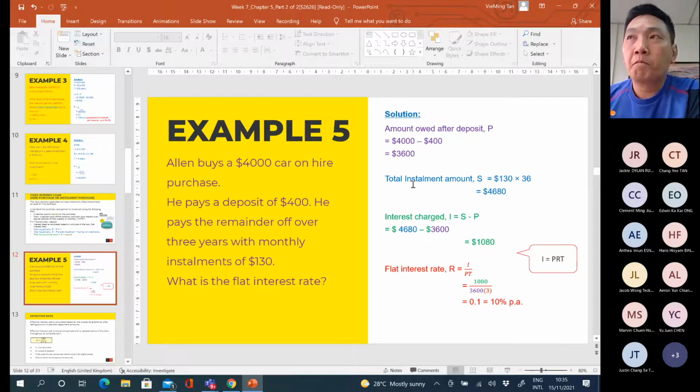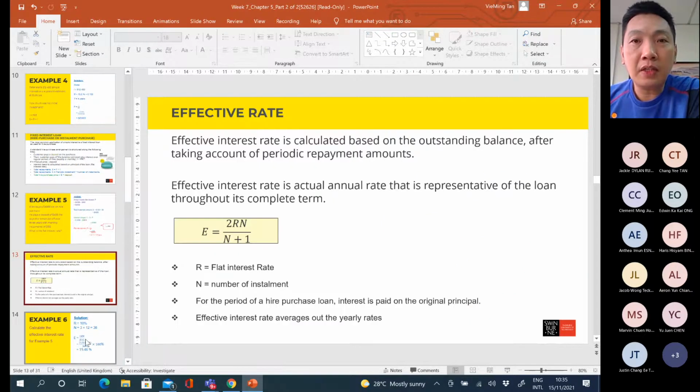So there is one interest rate calculation called the effective rate calculation. This assumes the interest charge is based on principal, and the accumulated interest being accumulated from time to time also generates interest charge as well. This is called the effective interest rate, and it is usually also called the annual rate or effective rate.